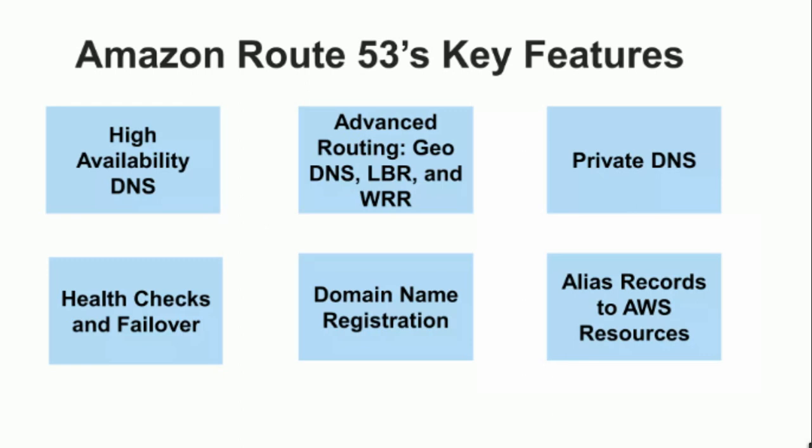These are all types of records or routing methodologies that can be managed by Route 53 records. Private DNS: you can also create a private DNS zone. Health check and failover: it also provides health checks. Domain name registration and alias records to AWS resources: there you can create and manage alias based resources as well.